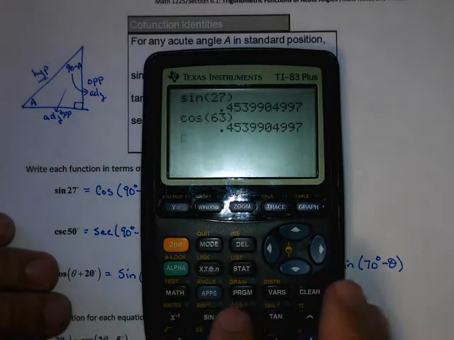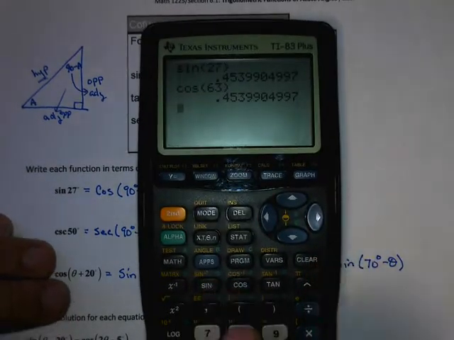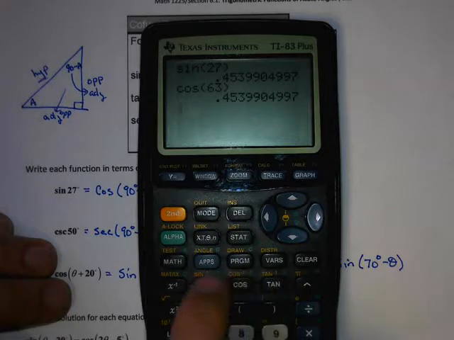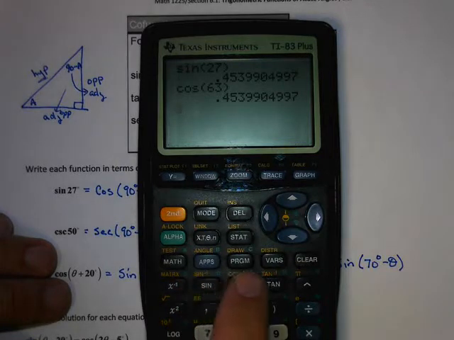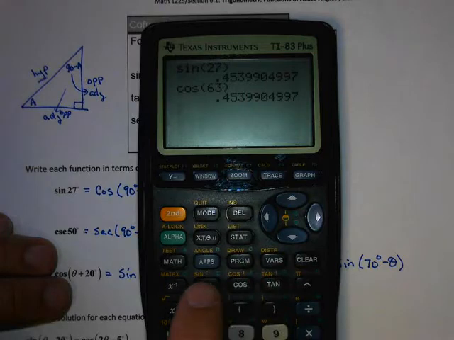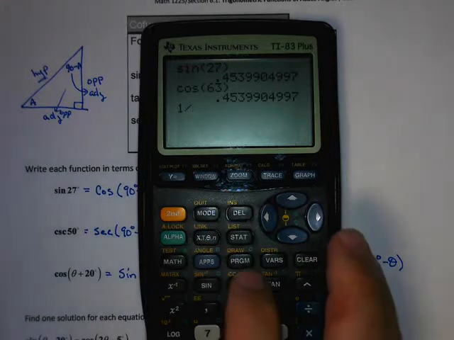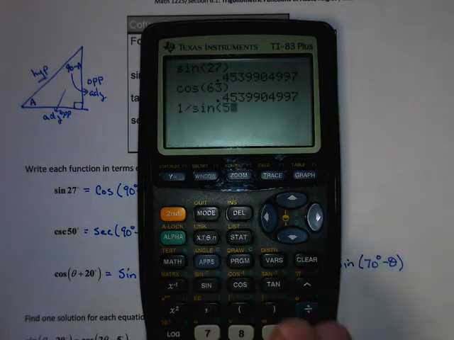Cosecant of 50 degrees. Notice sine, cosine, tangent, there are buttons sine inverse, cosine inverse, tan inverse. Don't mistake those for cosecant. Those are if we're looking for an angle. To use cosecant of 50 degrees, you have to go 1 divided by sine of 50 degrees.